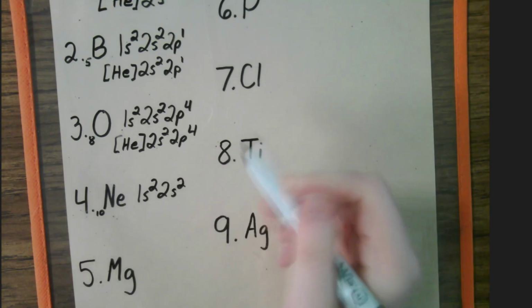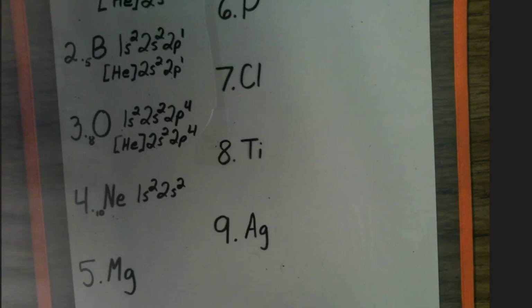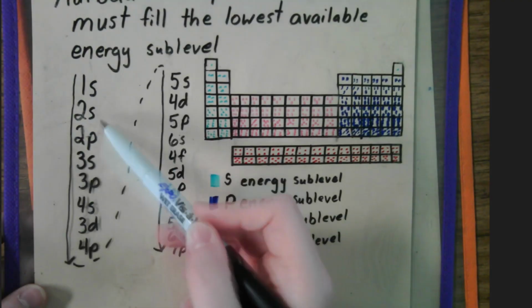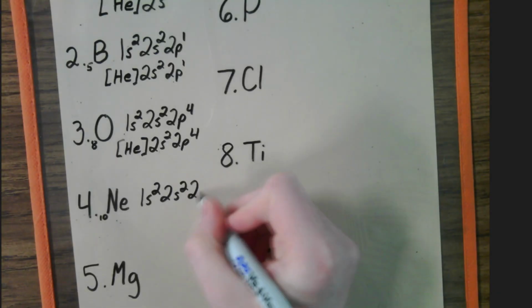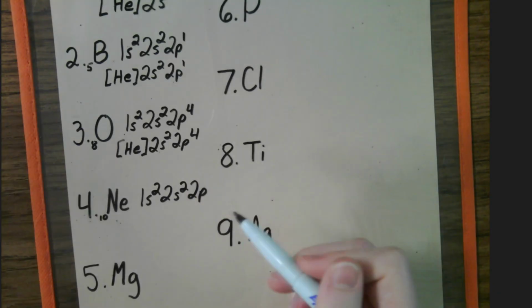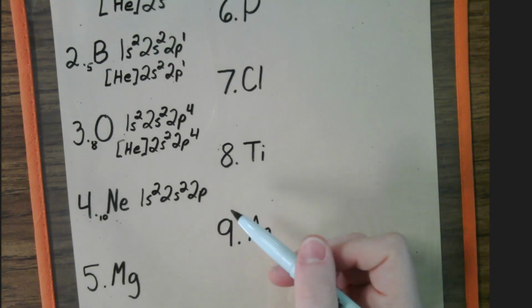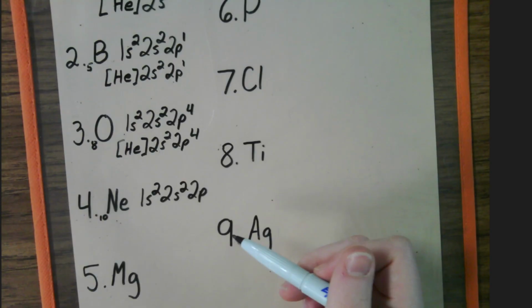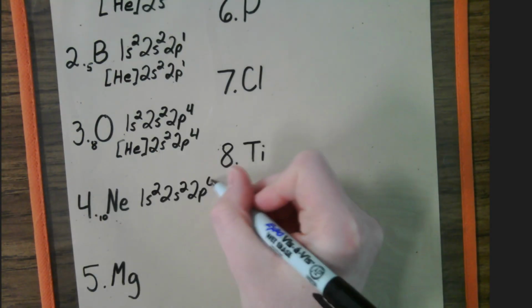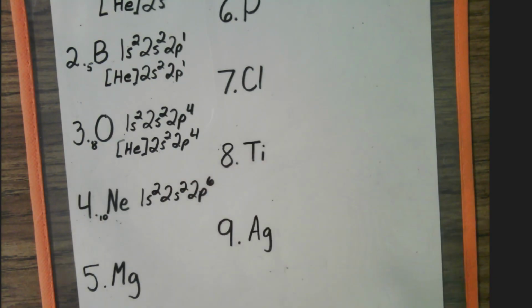2s2, and then we've got our next one. After 2s is going to be 2p. We're going to do 2p, and we need to get to 10, and luckily enough for us, this p orbital can hold 6. So we are going to write a 6 here, and that is equal to 10 electrons.